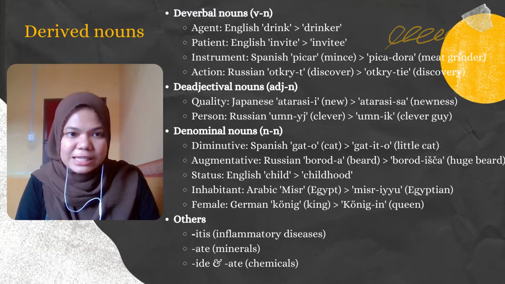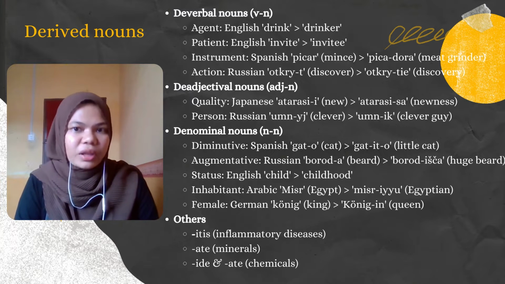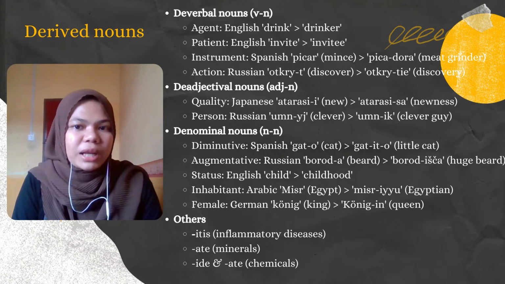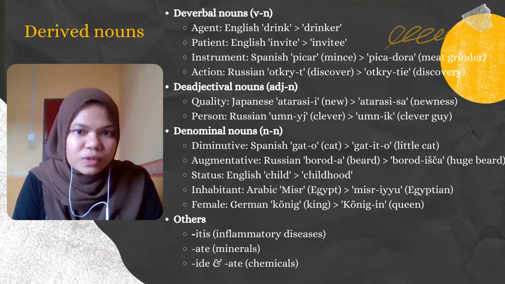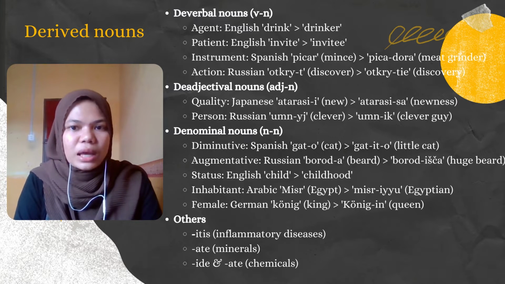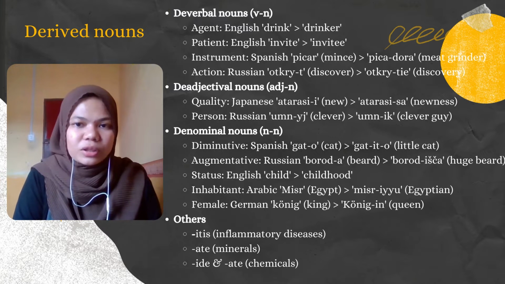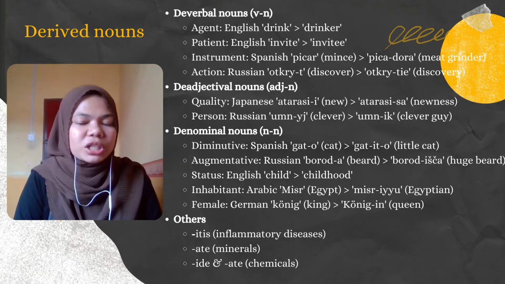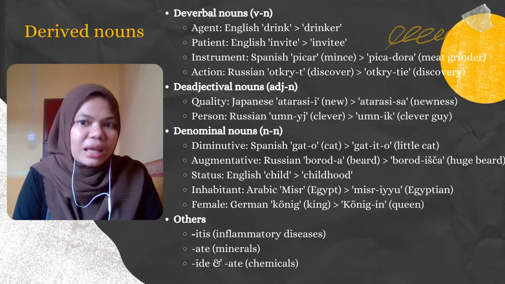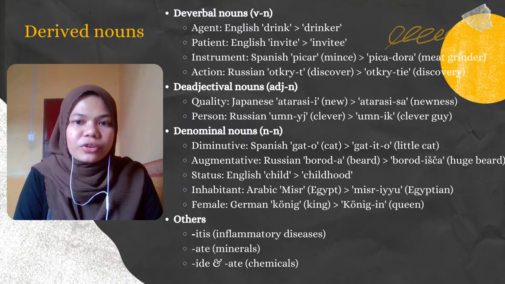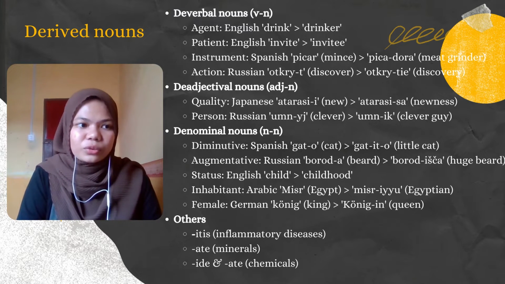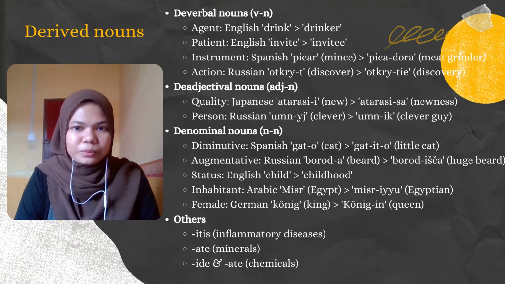The next part is the pattern of derived nouns. The first one is the verbal nouns. We have agent nouns, patient nouns, instrument nouns, and action nouns under the verbal nouns. It is quite noticeable how in the English language they added -er and -ee for agent and patient nouns from the verb.